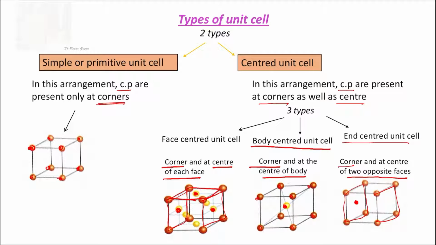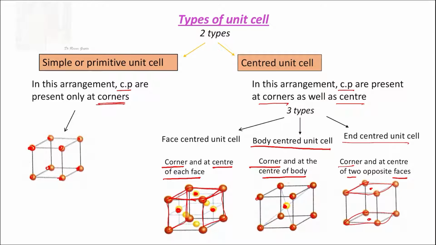So present at the corners, the center of this face and the center of this face, these two opposite faces. Or you can choose another two opposite faces, like this. I can choose these two opposite faces. So they may be present at these two faces.